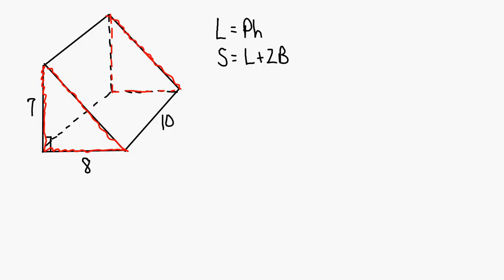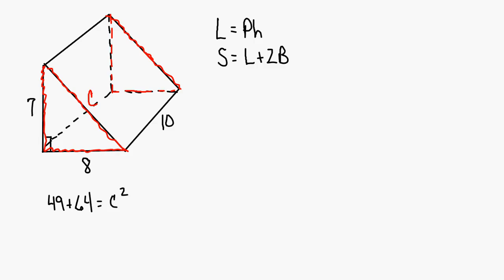Now, to get your lateral area, you need the perimeter of the base. The base is a triangle. What are you missing to find the perimeter of this base? Yes? The hypotenuse. Very good. So you need that hypotenuse. So it's a right triangle, so 49 plus 64 equals c squared.